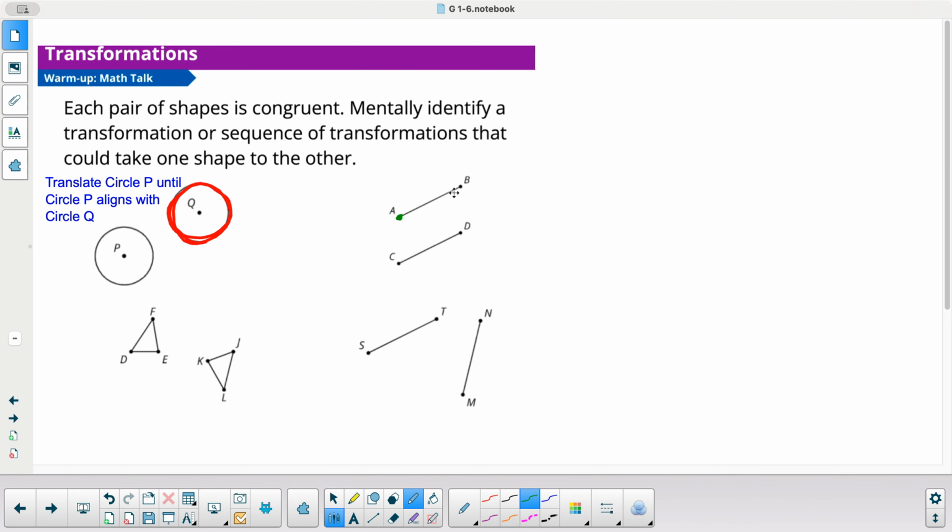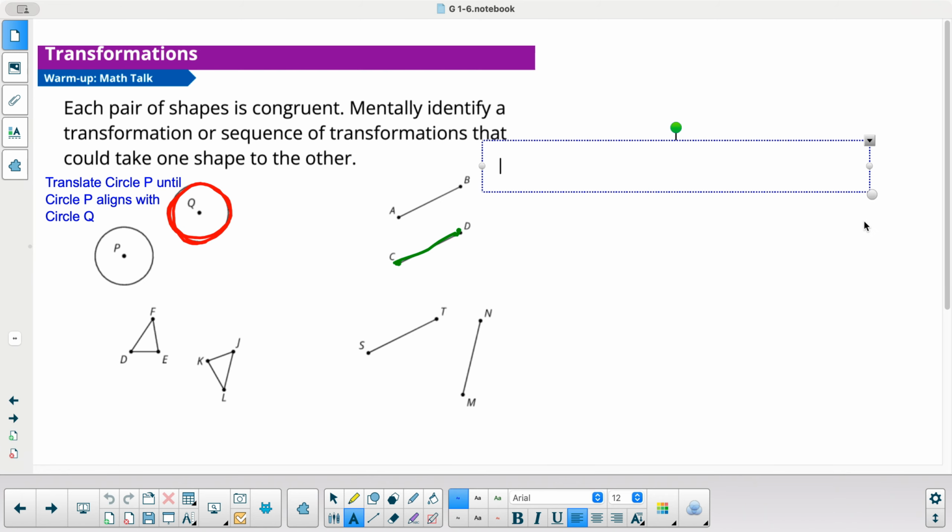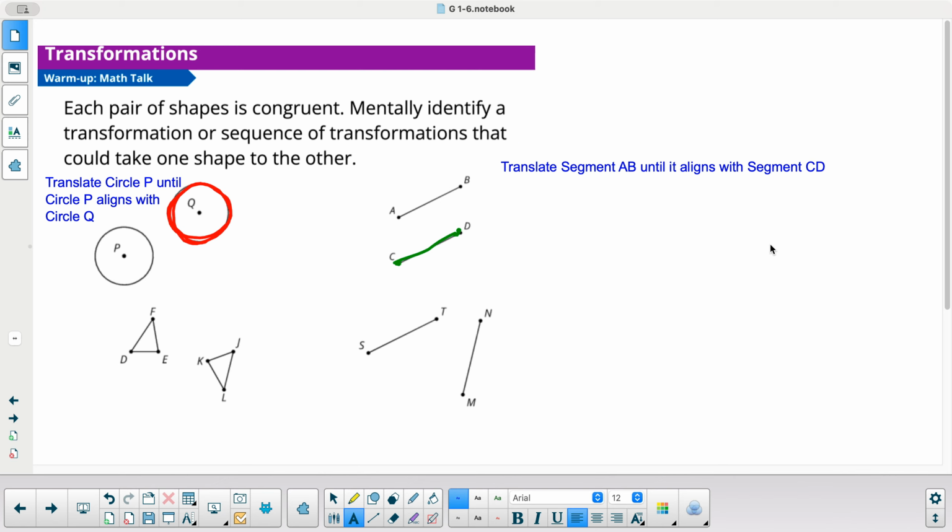You're just going to translate AB right there until it aligns with CD. Okay, so translate segment AB until it aligns with segment CD.